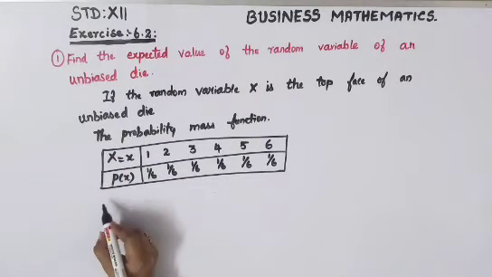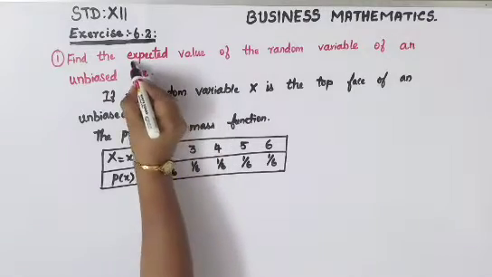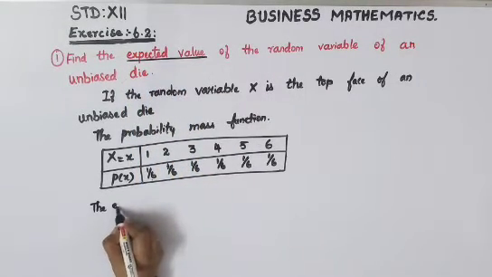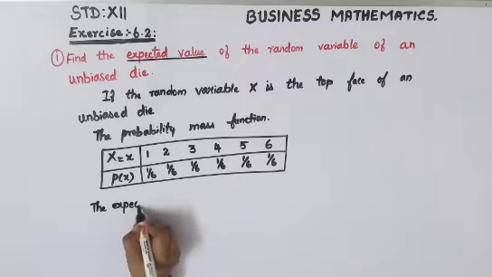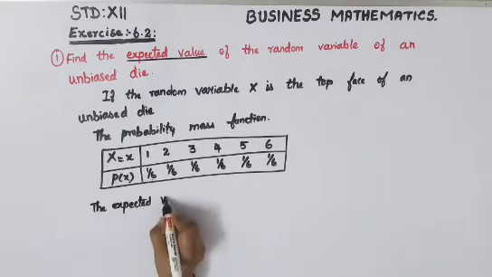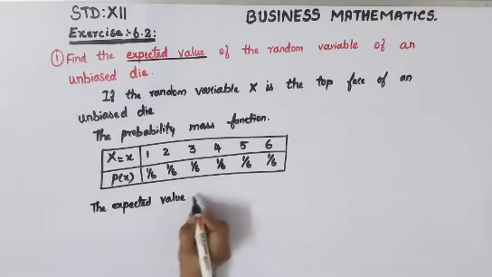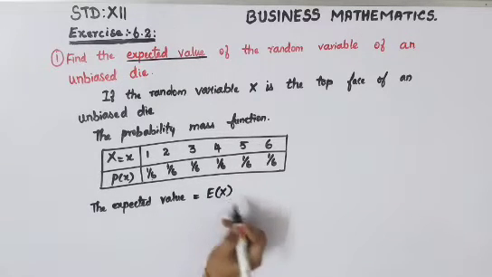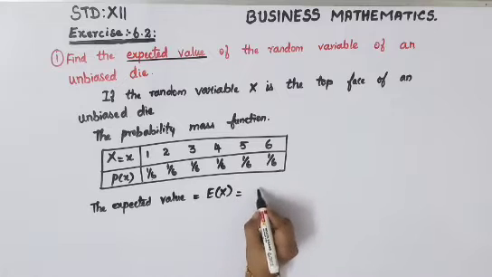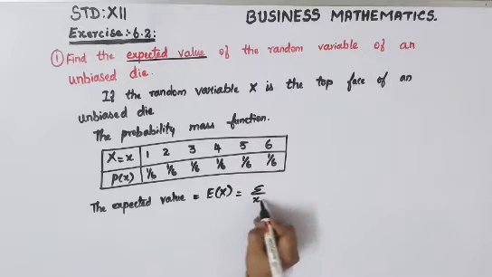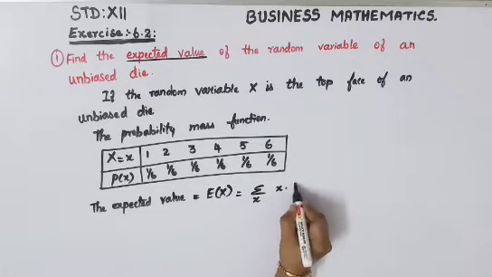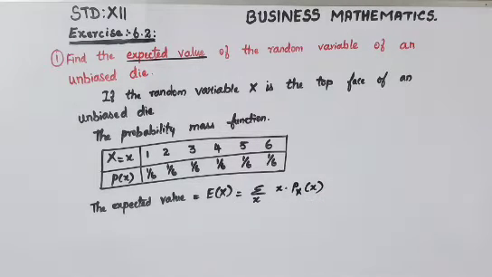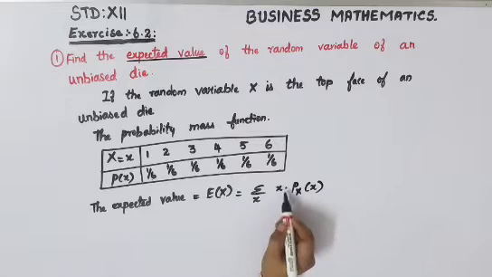Then they have asked you to find your expected value. The expected value is denoted by E of x. Your formula is sigma x into P of x. So be careful with your small x and capital X, they will be mingled over there.